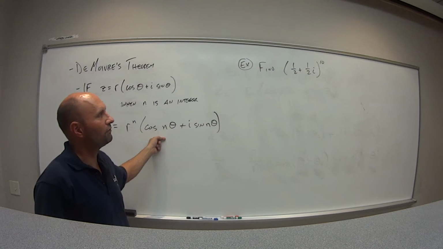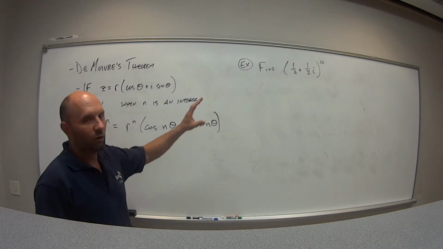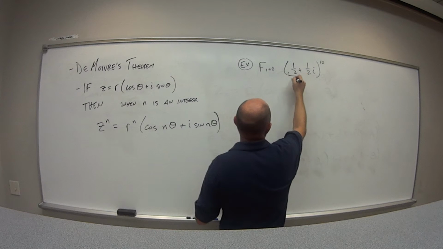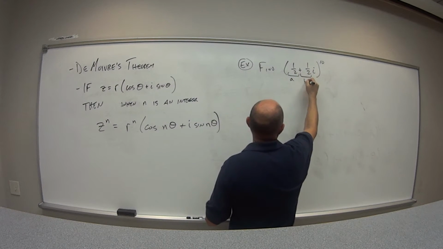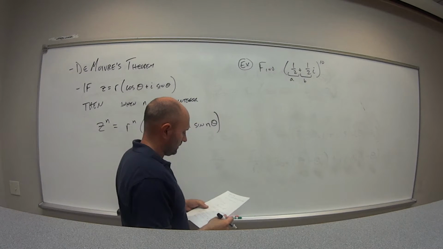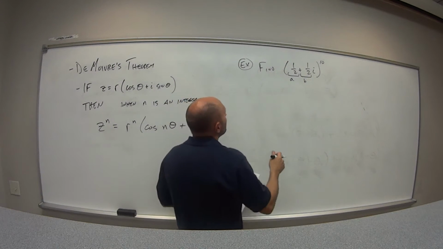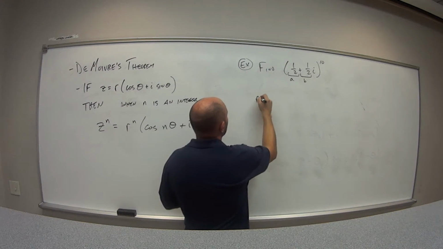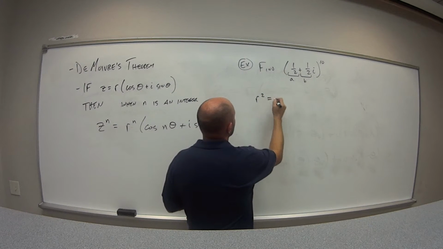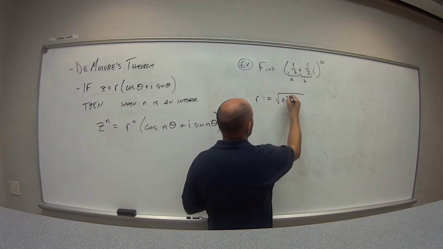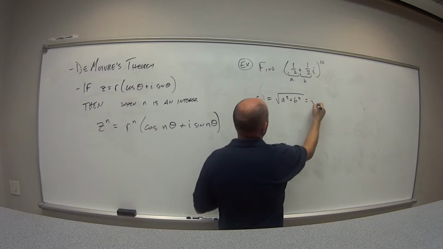it's pretty straightforward. The first thing, though, is you'll notice this is our complex number, but it's not in polar form. So we need to convert it to polar form to begin with. r is the square root of a squared plus b squared.